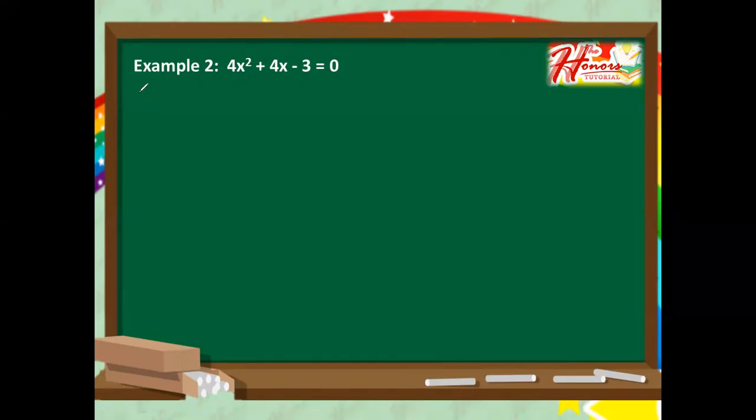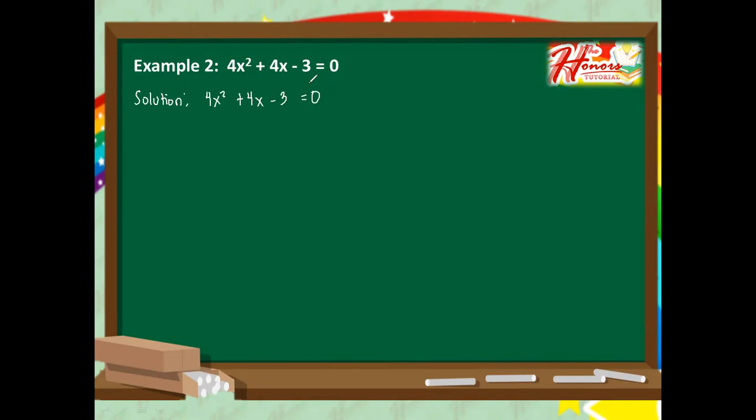For number 2, let's write solution here, the word solution. And then I am advising you to copy the given. So that is 4x squared plus 4x minus 3 equals 0. And then let's do completing the square.